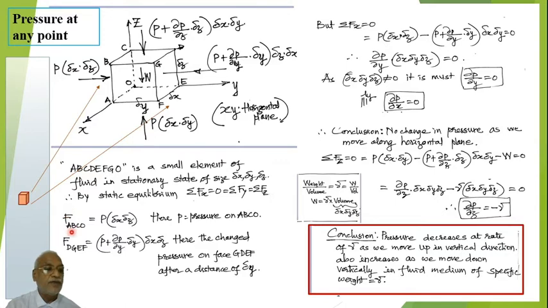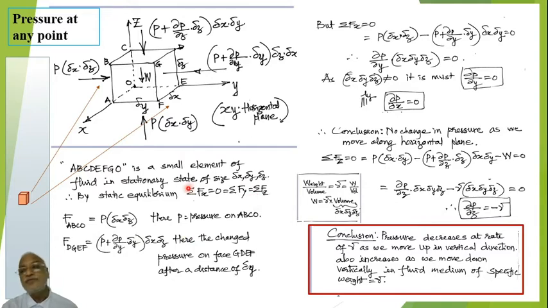Now the force on face ABCO is nothing but P into delta x, delta z. Then the force on DGEF is again this pressure force. Here the changed pressure on the face DGEF after a distance of delta y is used.